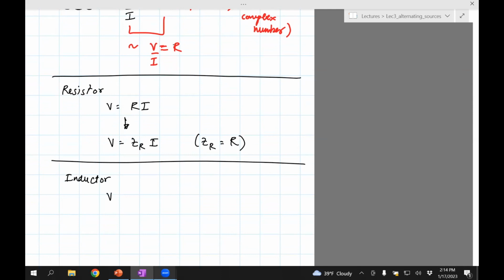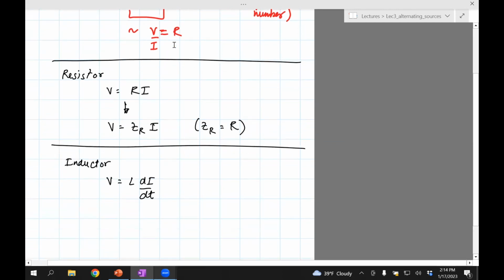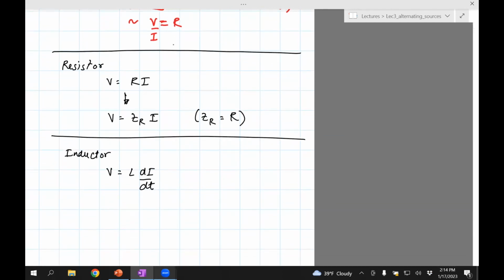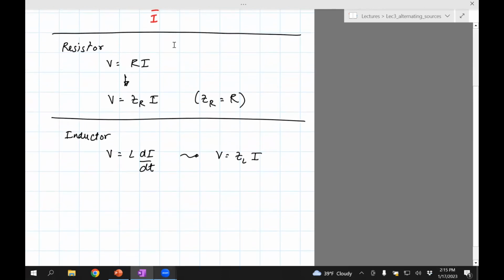We know that the expression for an inductor is V equals L di/dt. And we are trying to reduce this to something which looks like V equals ZL times I, where ZL is the impedance of an inductor. So the easiest way to do this is to assume that the current is a sinusoid.